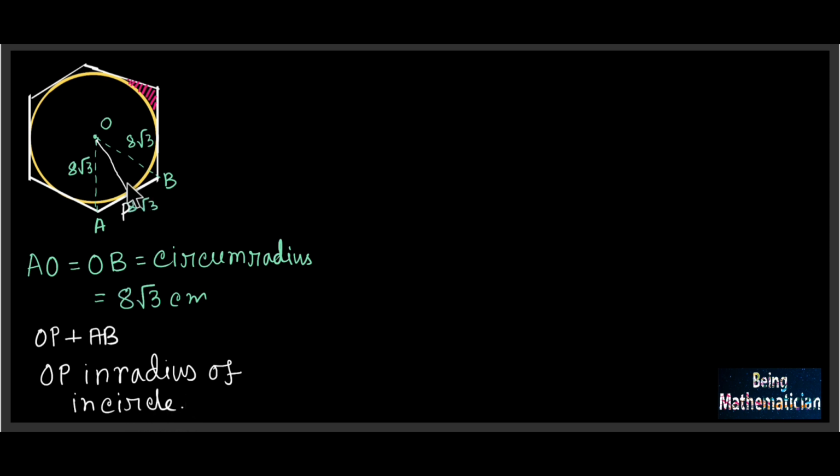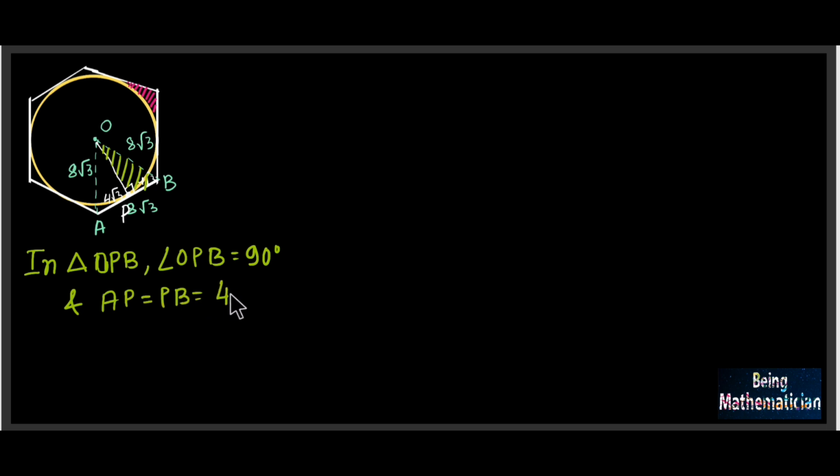Now since AOB is an equilateral triangle, OP bisects AB at P. So this is 4√3. Now consider this triangle OPB.